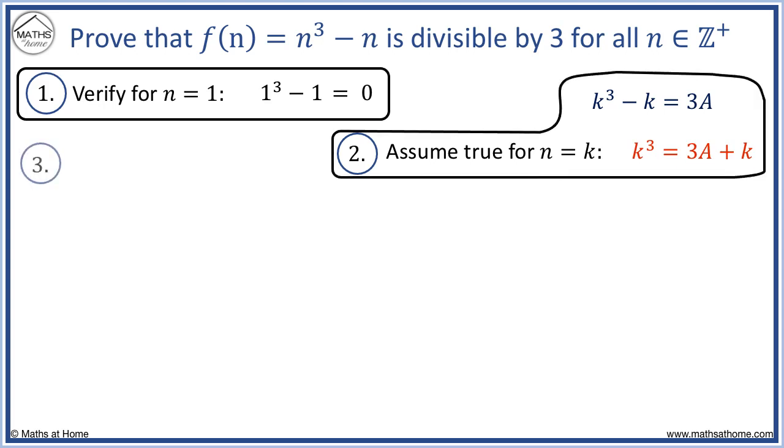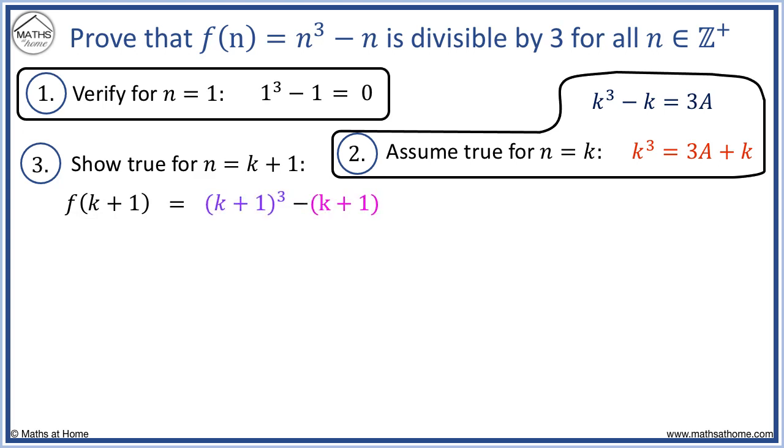Now we show it is true when n equals k plus 1. Substituting k plus 1, we obtain (k plus 1) cubed minus (k plus 1). (K plus 1) cubed can be expanded to obtain k cubed plus 3k squared plus 3k plus 1. Collecting the like terms, we have k cubed plus 3k squared plus 2k.